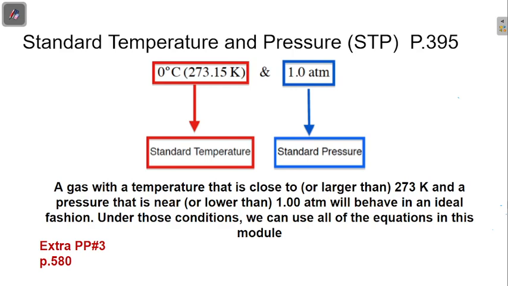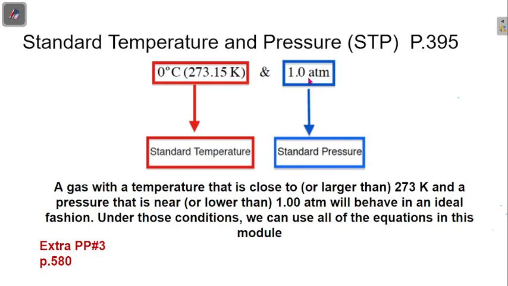A gas with a temperature that is close to or larger than 273 degrees Celsius, so close to freezing temperatures, but bigger, okay, not lower, and a pressure that is near or lower than the pressure you have at sea level will behave in an ideal fashion. Under those conditions, we can use all the equations in this module.